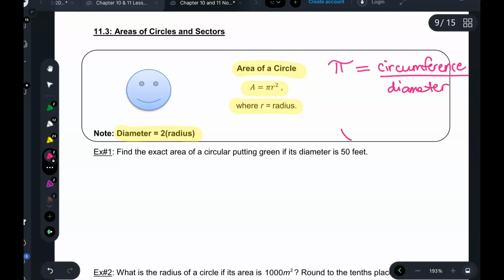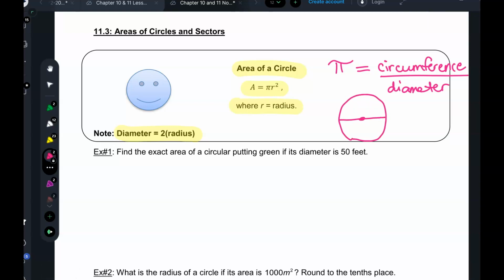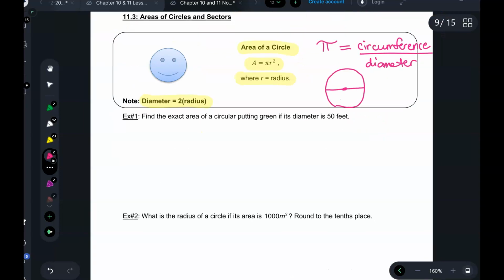So if you take a circle, if you were to measure around the circle and then you would divide it by the diameter, that is the exact value of pi. Always. Every single circle, because all circles are the same. They're basically similar. Some are big, some are smaller, but the ratio is always going to be equal to pi.